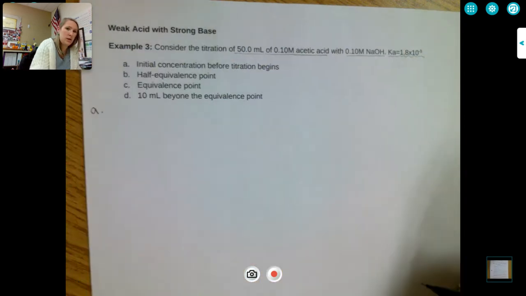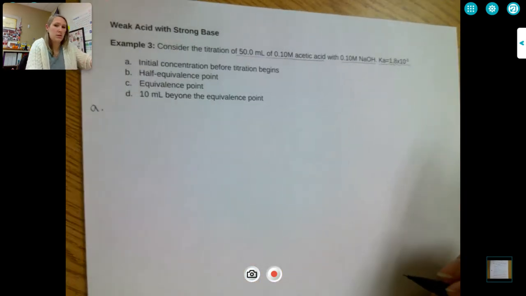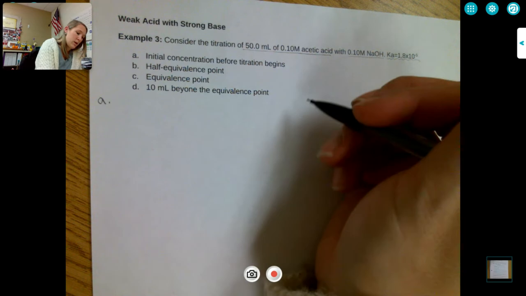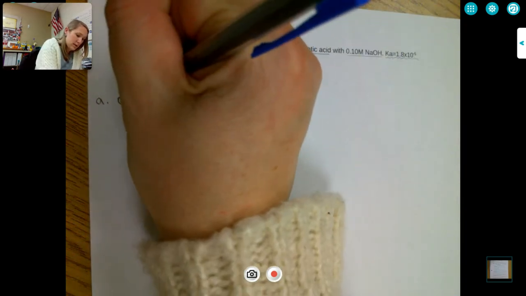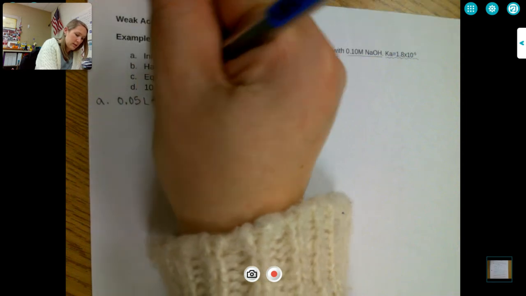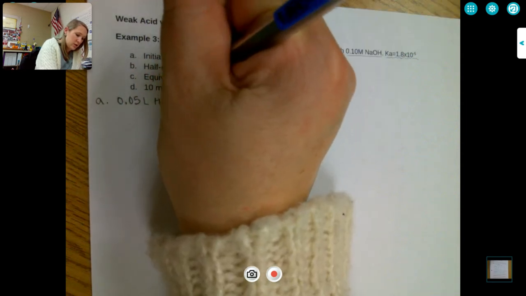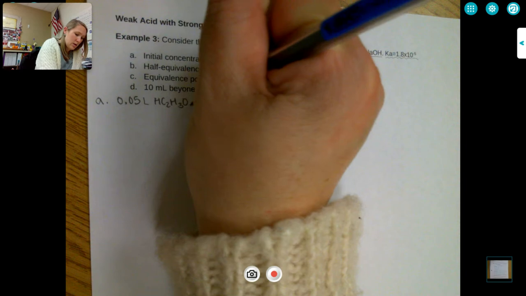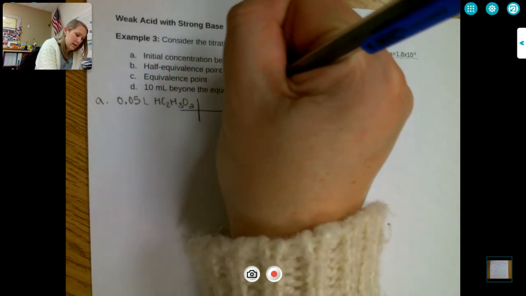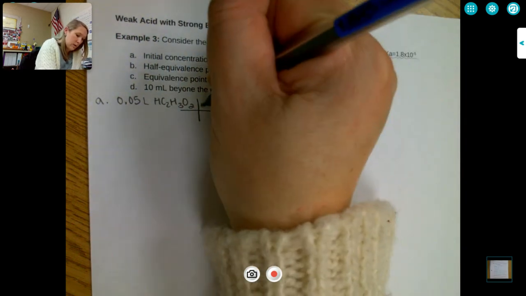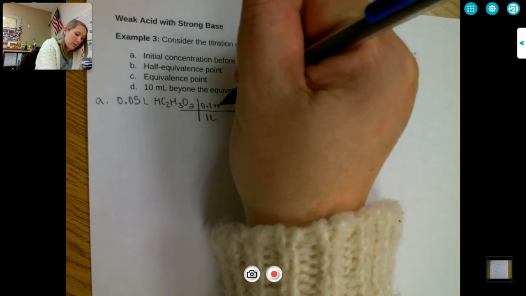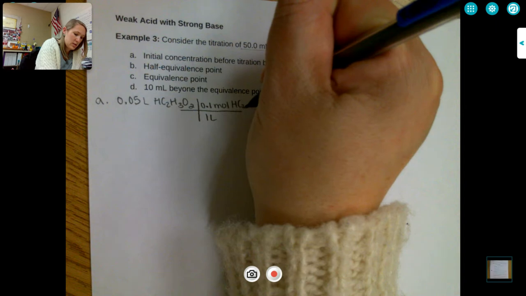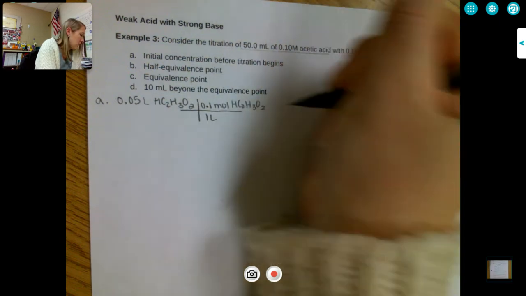So starting out, we want to know the initial concentration before anything starts. So if I have 0.05 liters of acetic acid, HC2H3O2, and I have a 0.1 molar solution, so for every 1 liter, I have 0.1 moles HC2H3O2.